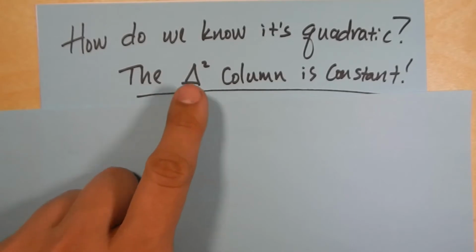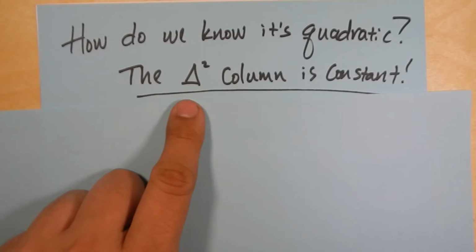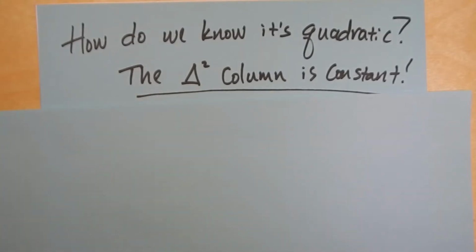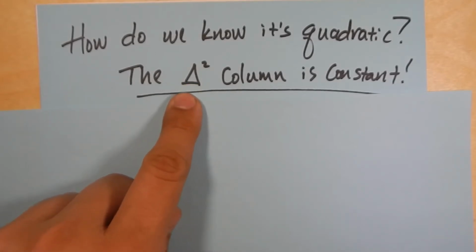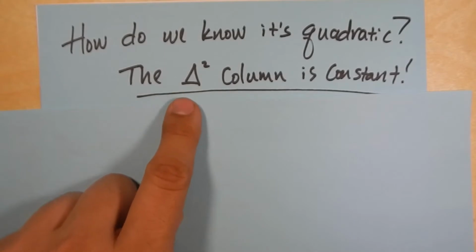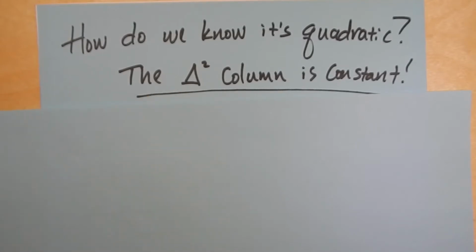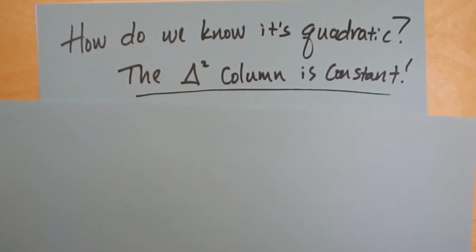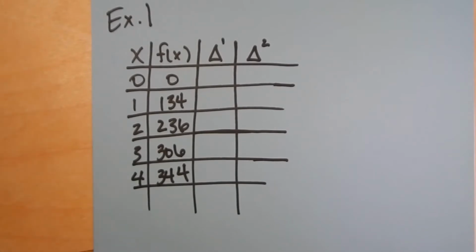Delta, this triangle, is a Greek letter: alpha, beta, gamma, delta, the fourth letter. It means change, typically in mathematics. So we're thinking about this in terms of change from one output to the next. We'll get into an example here where we're talking about deltas.